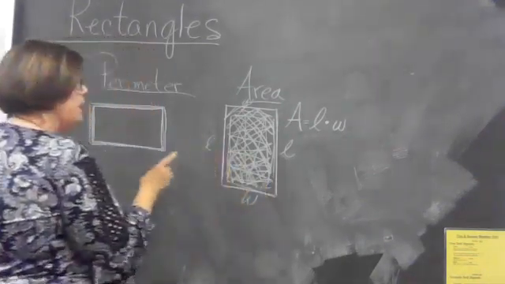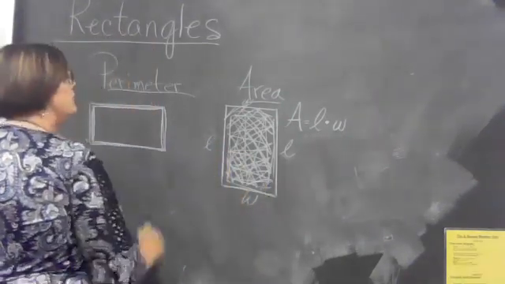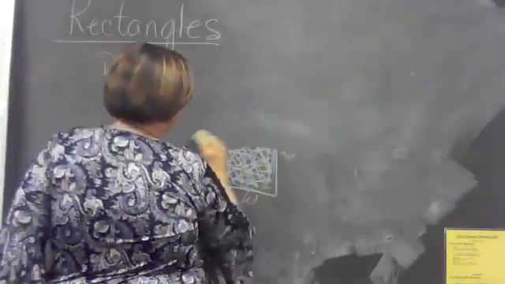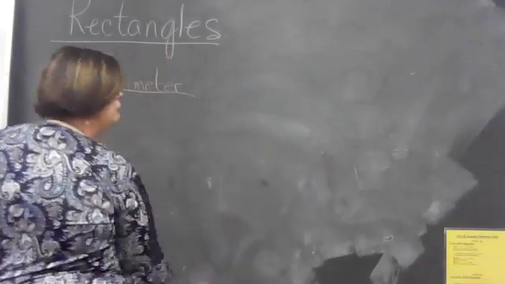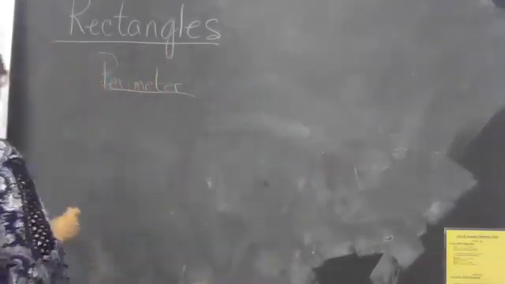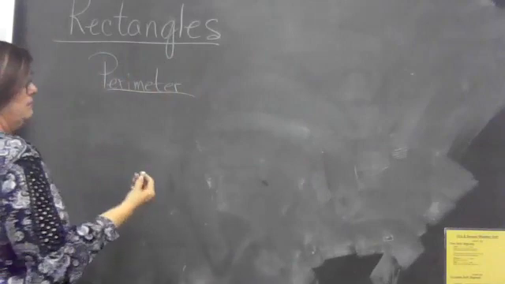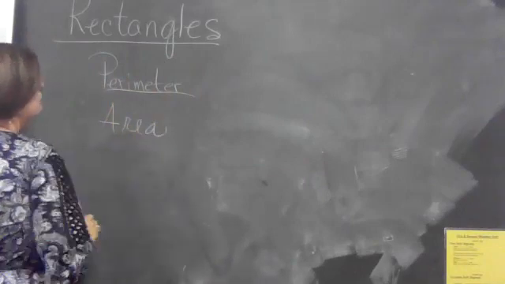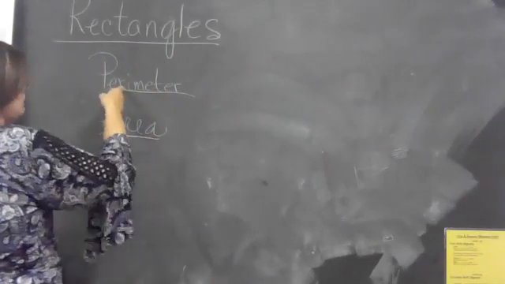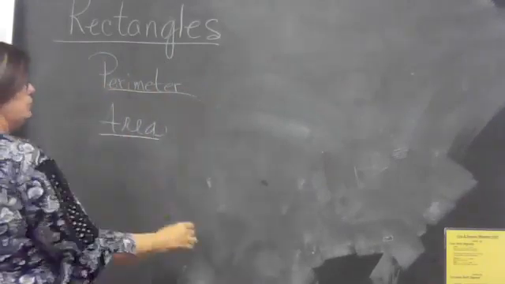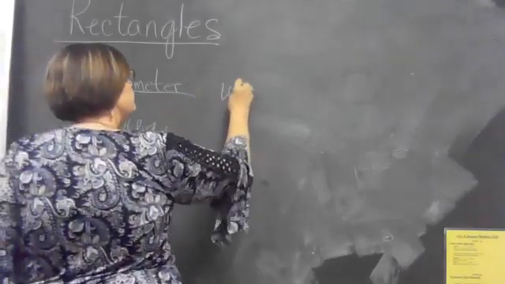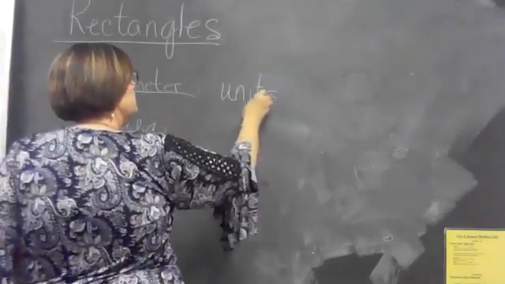Okay, I want to talk about units now. Whenever we're talking about inches or feet or yards or miles, whatever unit we're talking about, we need to talk about them correctly. On perimeter, remember we just went around, and these are simply measured in units.